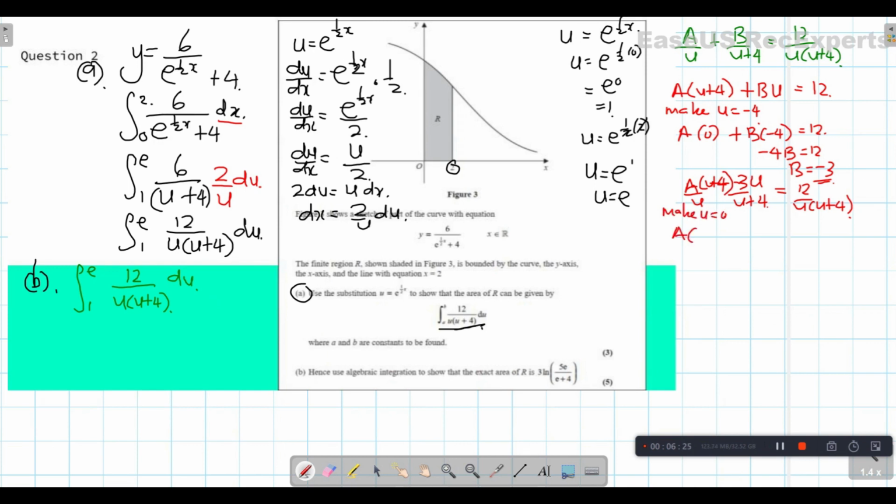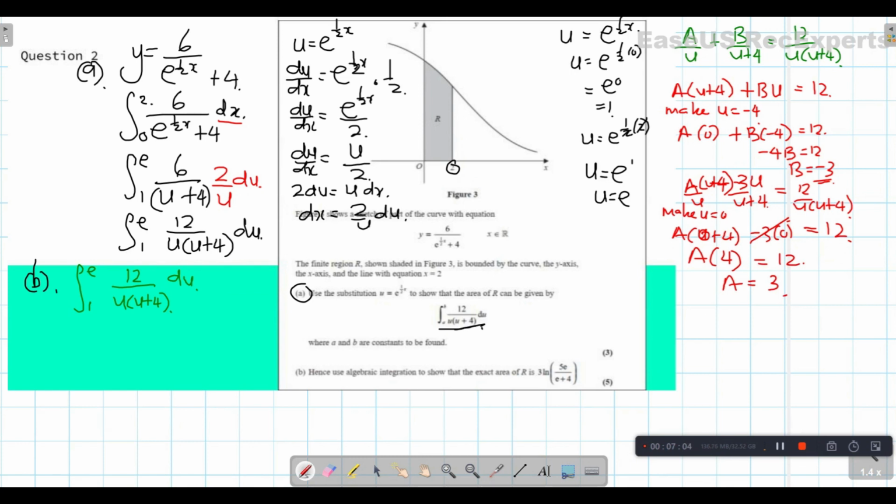So you have a times 0 plus 4 minus 3 times u, which is 0, and this is equal to 12. So first time we made u equal negative 4, second time we're making u equal 0. So this becomes 0, and a times 4 equals 12. Therefore a equals positive 3.